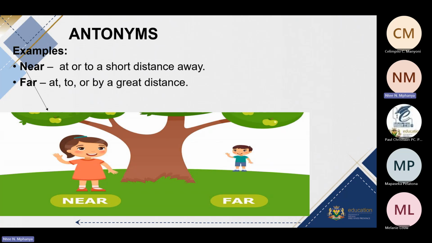The girl on your left, with the hand raised up, is nearer to the tree, meaning that she's a short distance away from the tree. What will be the opposite of that? The boy. The boy is at a great distance from the tree or from the girl. Therefore, he is standing far away from the tree. That is relative distance.